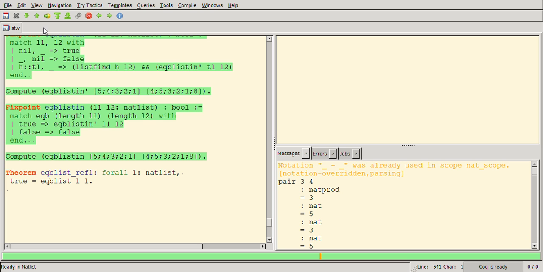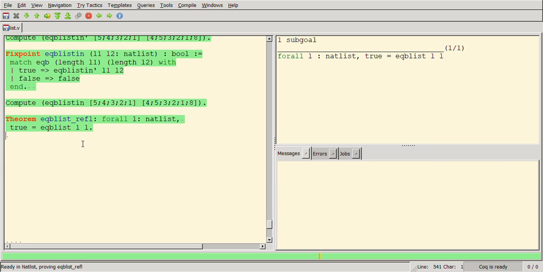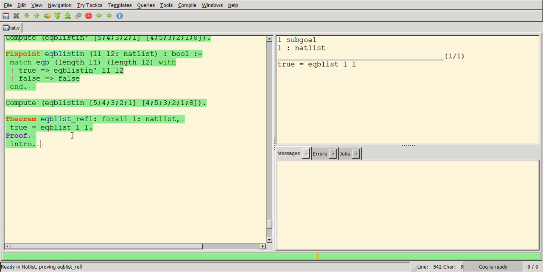So let me compile the statement of this theorem. It is okay. We can enter into the proof mode, and use intro to introduce the only variable above the line. So this variable would go to the hypothesis. And then from this point onwards, we use case analysis. That is the main topic of this library.